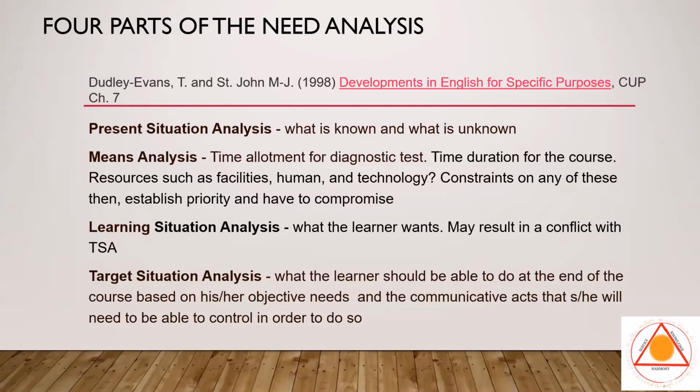So learning situation will direct you where the learner is going, and the target situation analysis will tell you where the learner will reach. So at the end of the course, if your learner has identified in LSA that he needs to speak effectively, at the end of the course, he should be able to speak effectively.